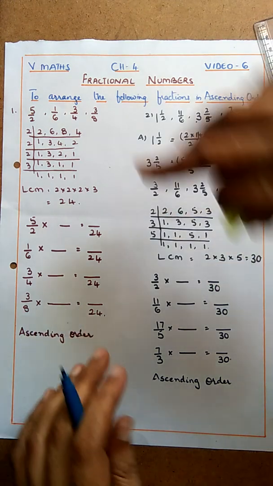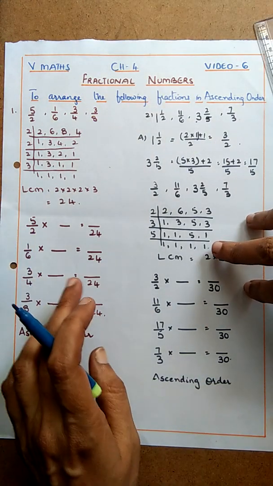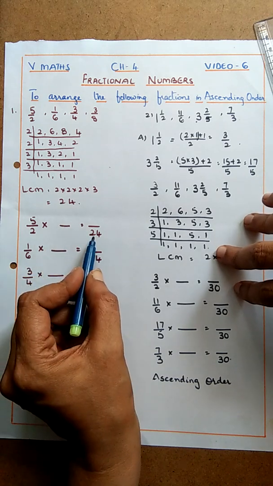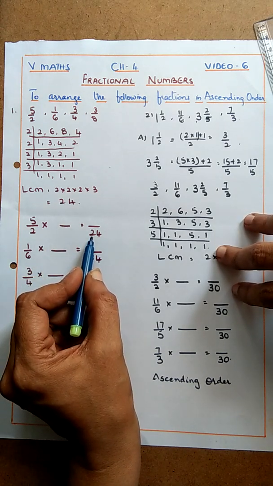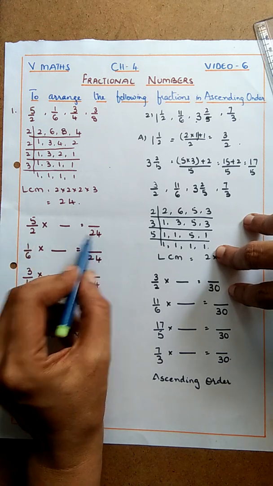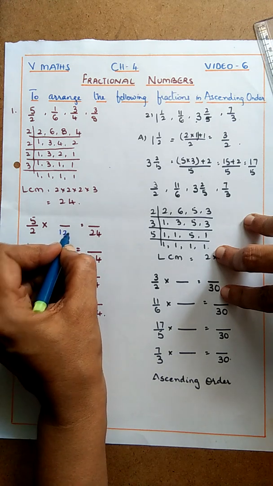Now, let us take the first fraction 5 by 2 and let us see by which number you should multiply so that you get a denominator of 24. So, in 24, how many times 2 goes? 2 12s are 24.